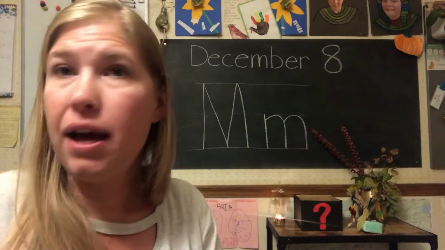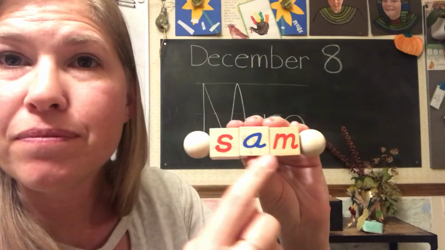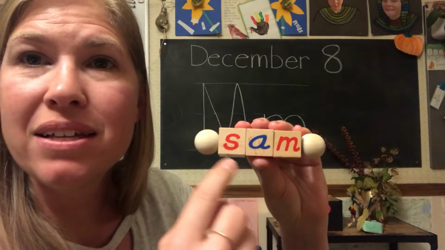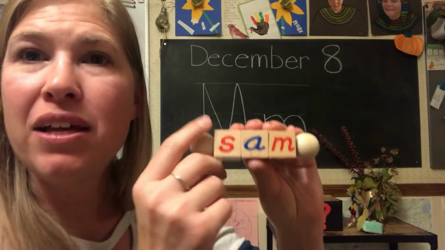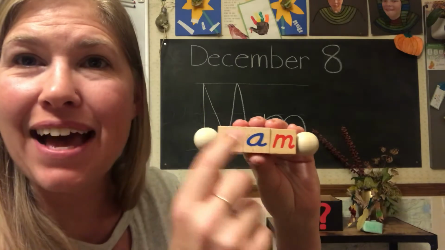All right, next, I have a rhyme for you. There's our letter of the week. There's Sam. So we're going to keep the S and the A, so it'll always be sa, sa.